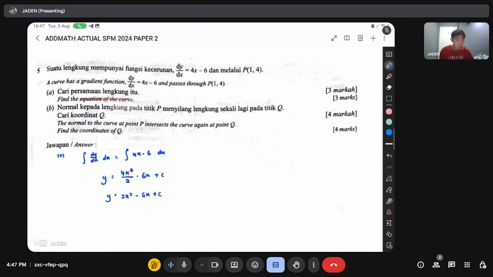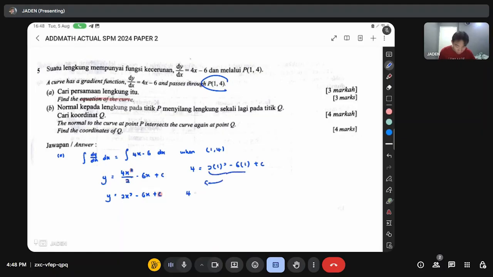So y equals 2x squared minus 6x plus c, but we are not done yet because your c is not known yet. It says the curve passes through (1, 4). So 4 equals 2 times 1 squared minus 6 times 1 plus c. To get your c, move everything to the left.